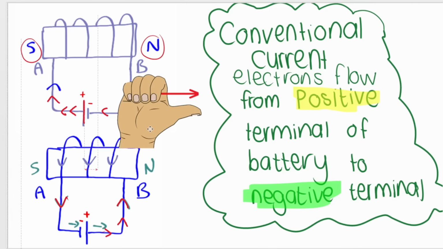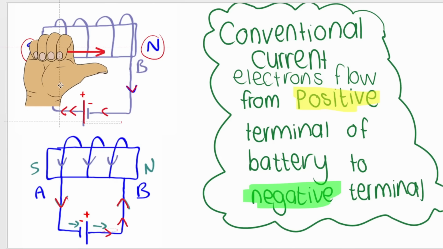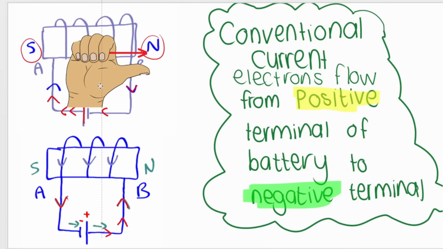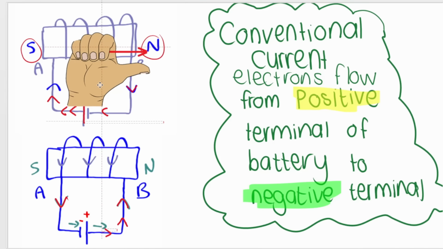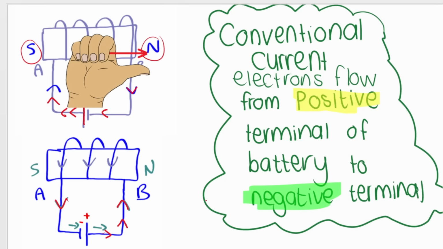So let's take a look at current flow. Point your thumb towards the north, which it is. Look at which way your fingers are curling. So what this is telling me is that the current is flowing around the front. So it's coming down the front and then up along the back.